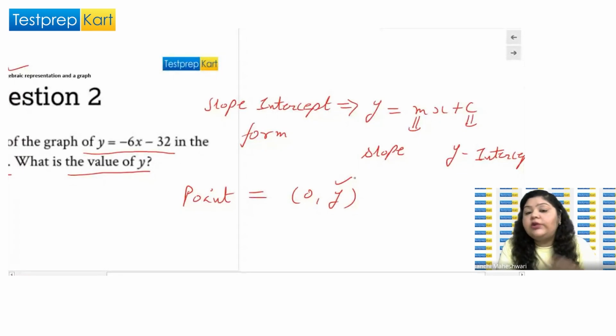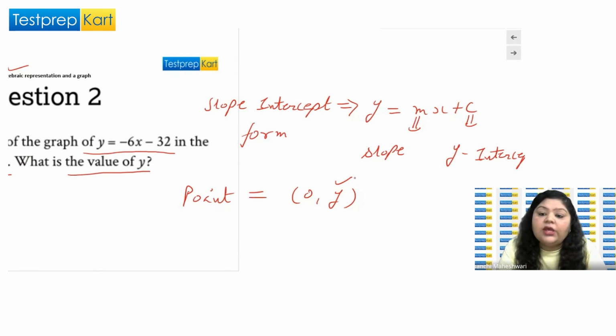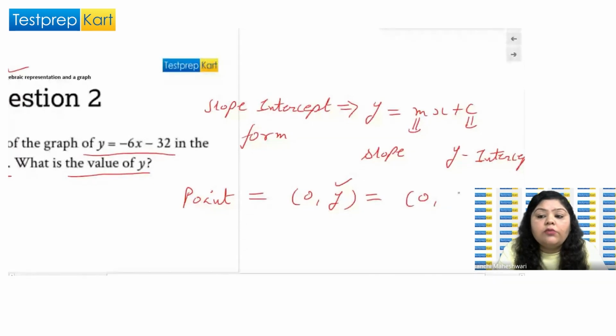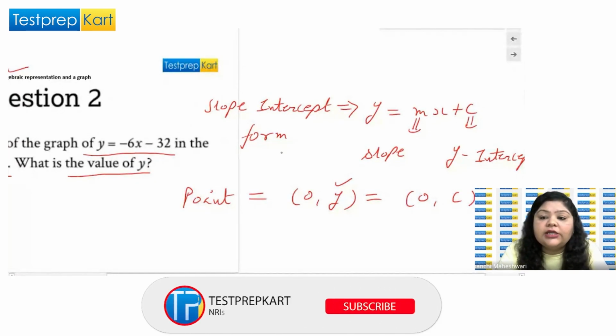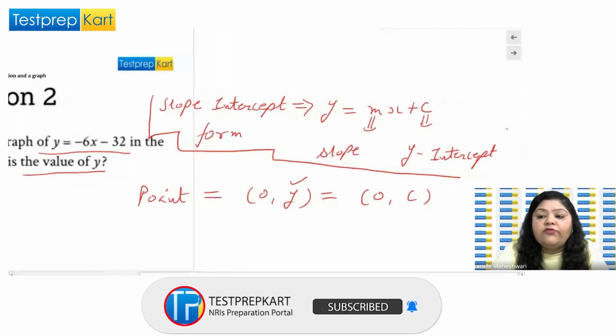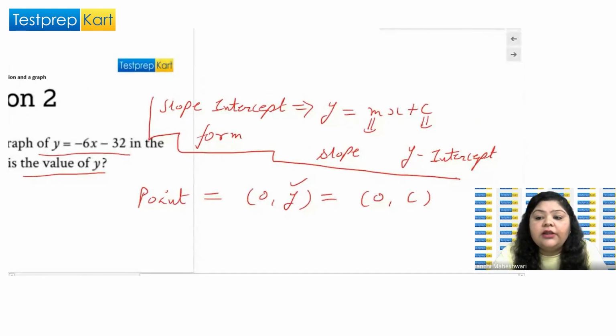When I put the value of x as 0 in the equation, what would be the value of y? Either you write this y or you write 0 comma c. It's one and the same. I'm going to put down some brackets and stars here, because you need to remember this kind of function, then only you can solve these kind of questions.